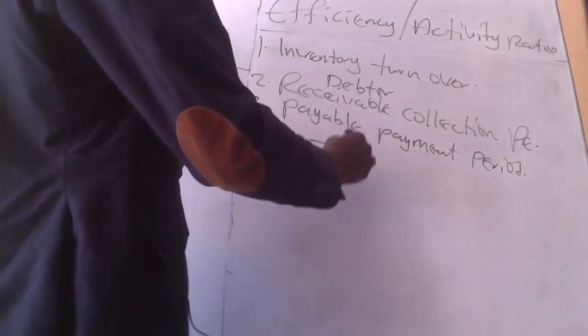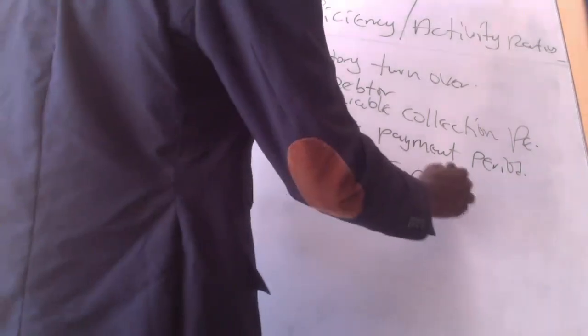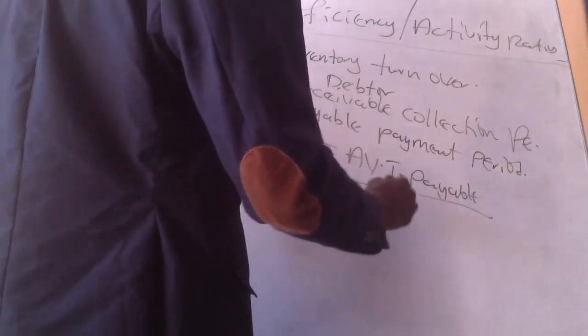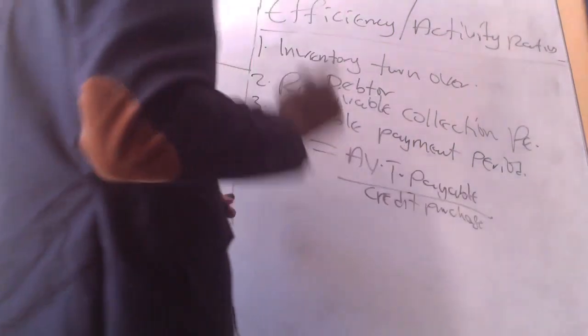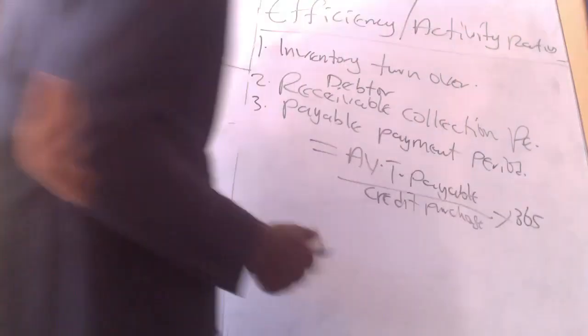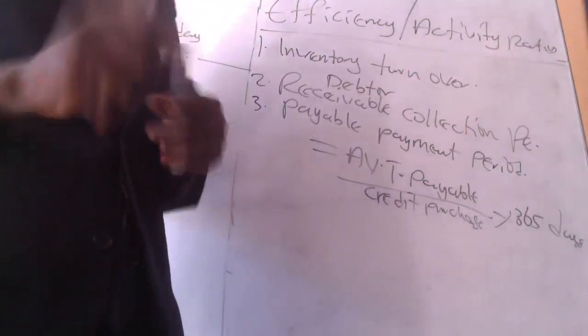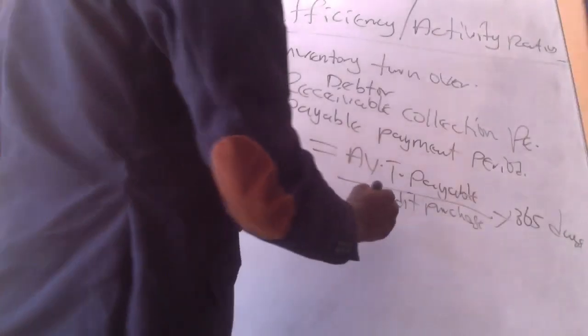So basically, it will be average trade payable, all divided by your credit purchases, times 365 as usual, the period, days. Now, when credit purchase is not given in a question, please use total purchases.